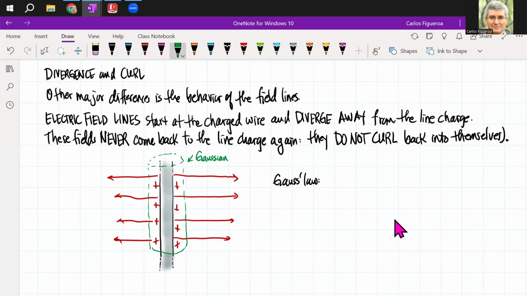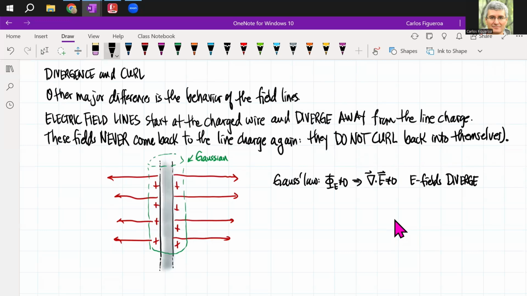As they poke through the surface, that immediately tells me that I have a flux. So the electric flux is not zero, which then means that del dot E is not zero. There is enclosed charge. In other words, E fields diverge.